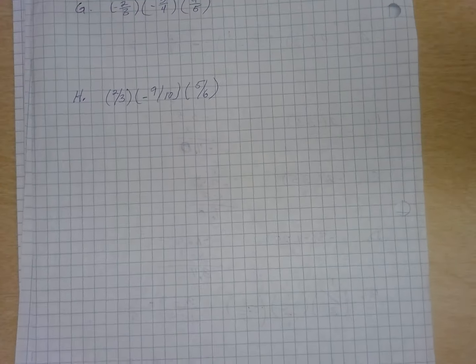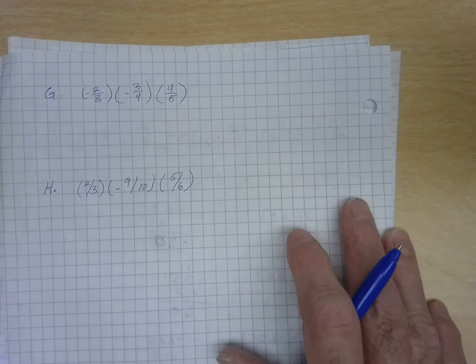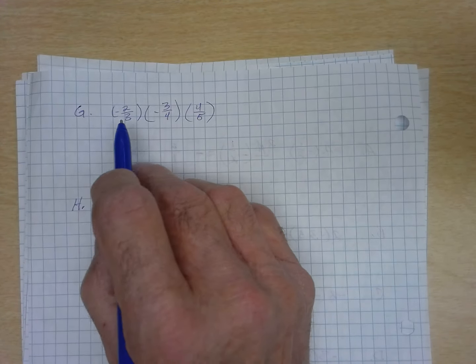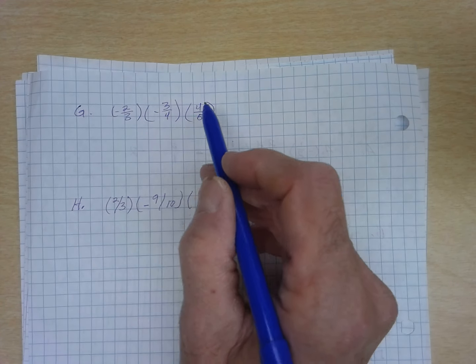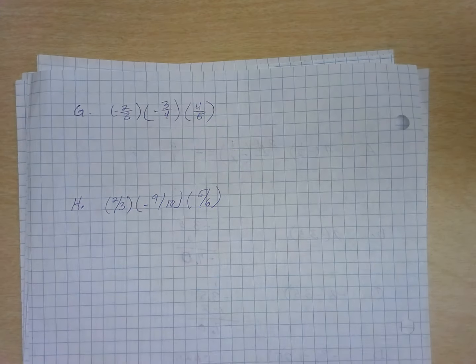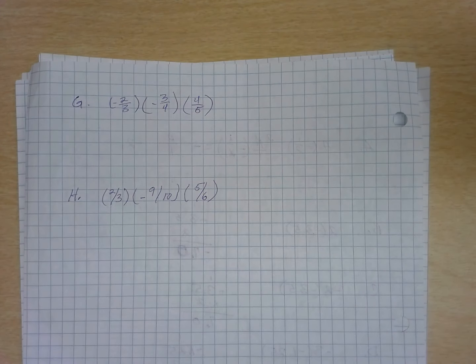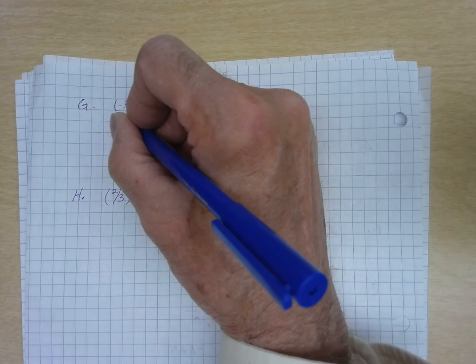On to the next problem. Negative 2 over 3 times negative 3 over 4 times 4 over 5. This time, if you'll notice, I have 2 negatives and 1 positive. And I can factor a number out here. Actually, I can factor out 2 numbers. I can factor out the 3's.